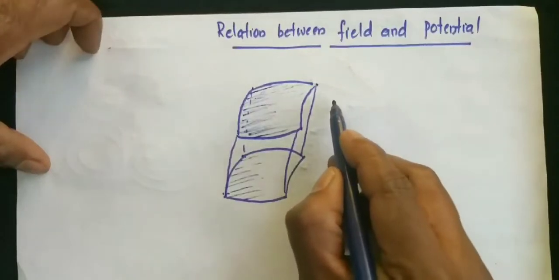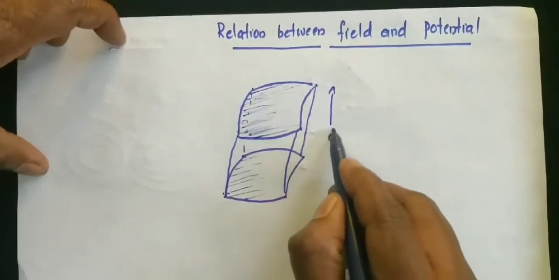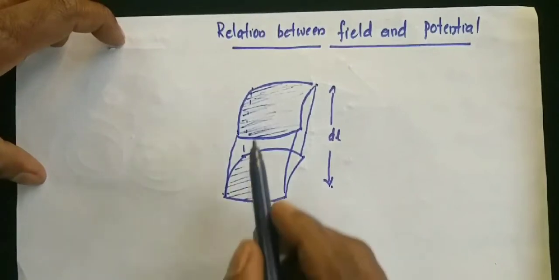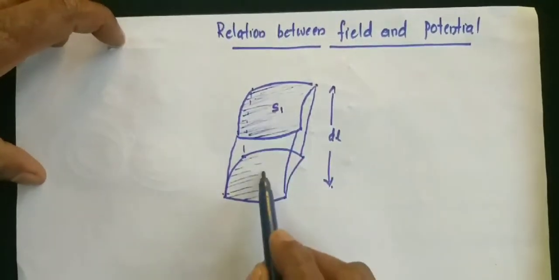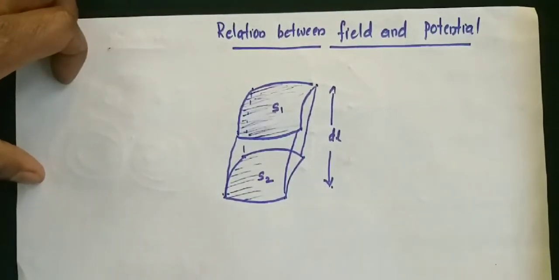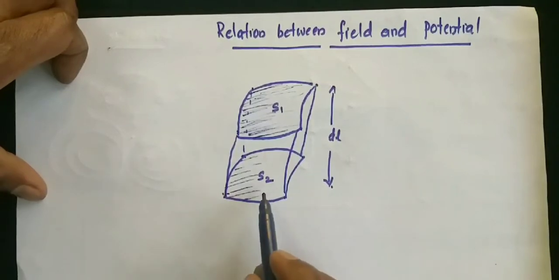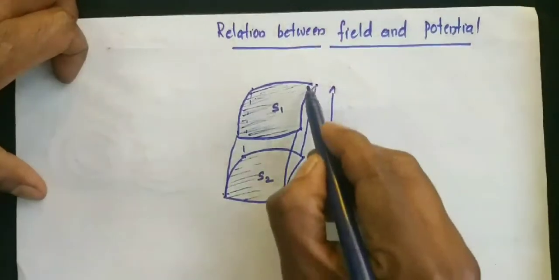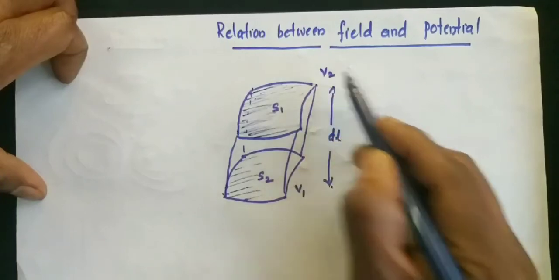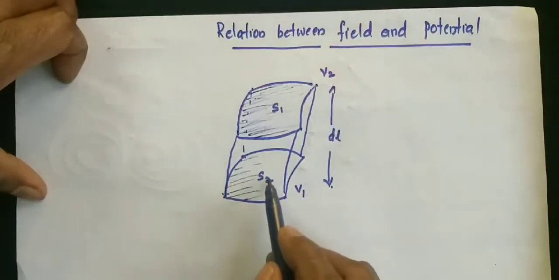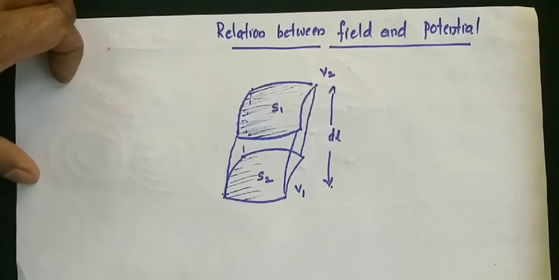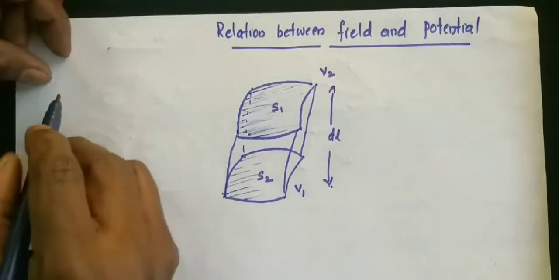you can take it. So anyway, both S1 and S2 will be at different potentials, that is V1 and V2. You can take V2 and V1 also, no problem. Anyway, we want to take the difference in the potential. So these two surfaces will be kept at a distance of dl.